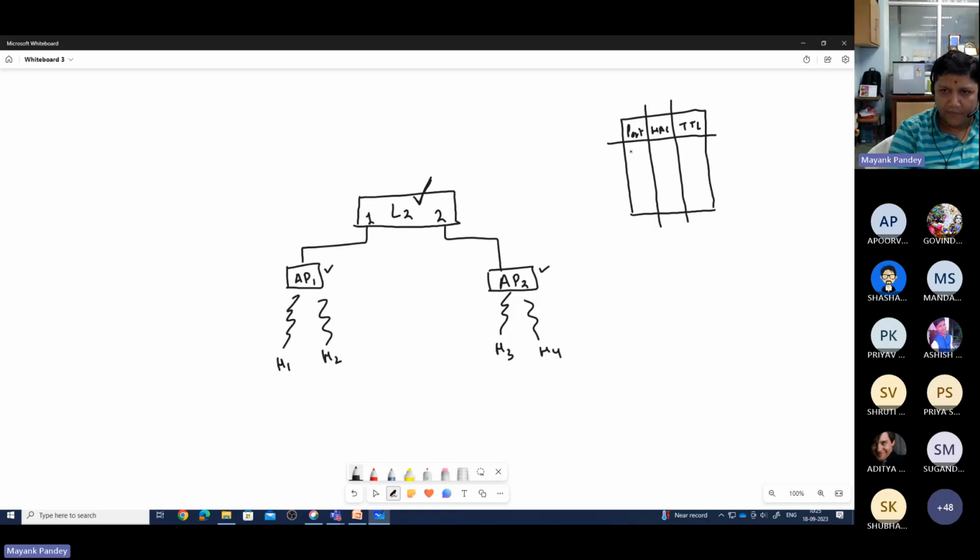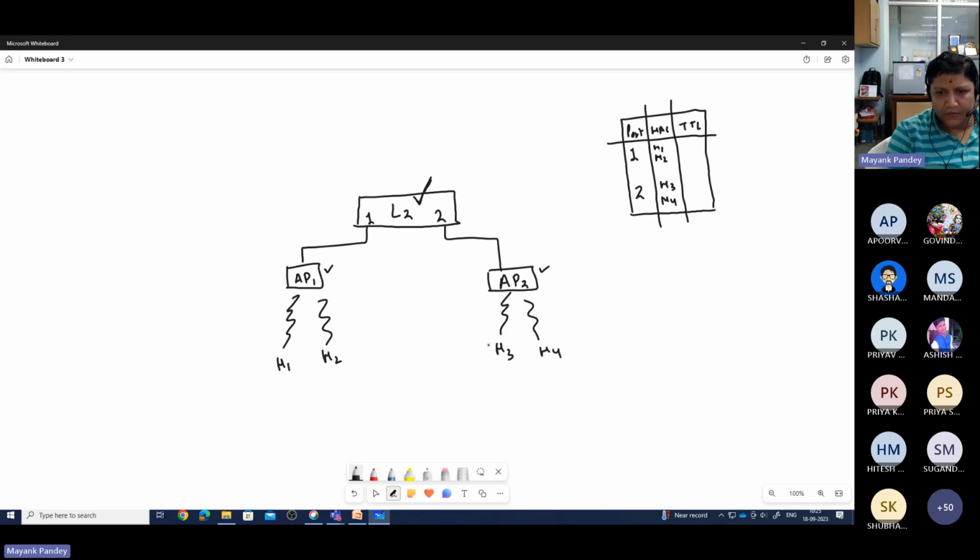Anybody can tell. With port number 1, MAC address of M1 and M2 both. And at port number 2, MAC of M3 and M4. This would be the situation.